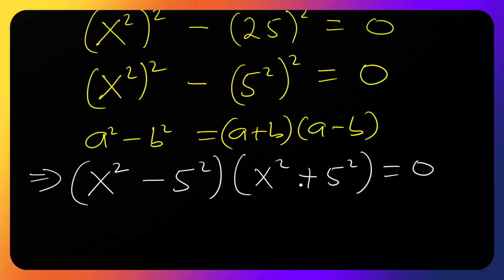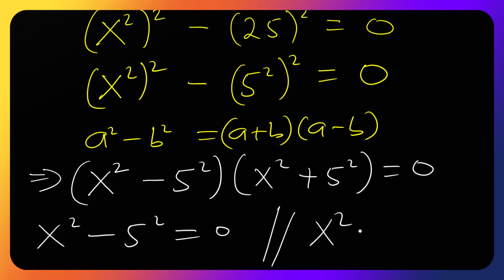So multiplication is commutative, so we are free to go. Now it means x squared minus 5 squared equals 0, or x squared plus 5 squared equals 0.